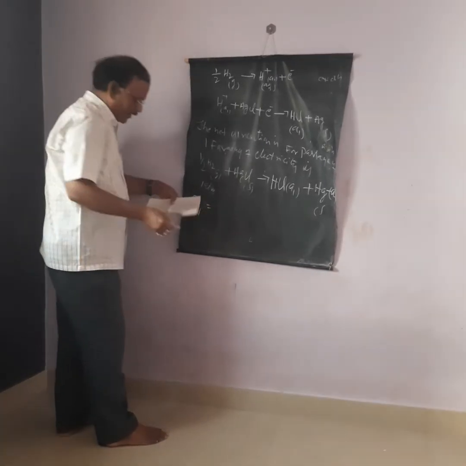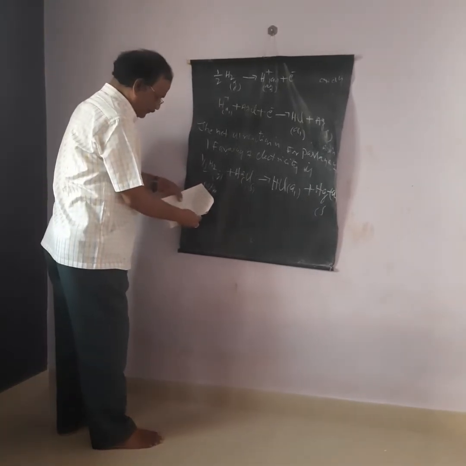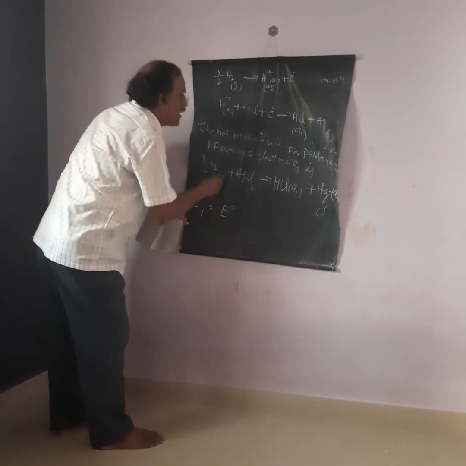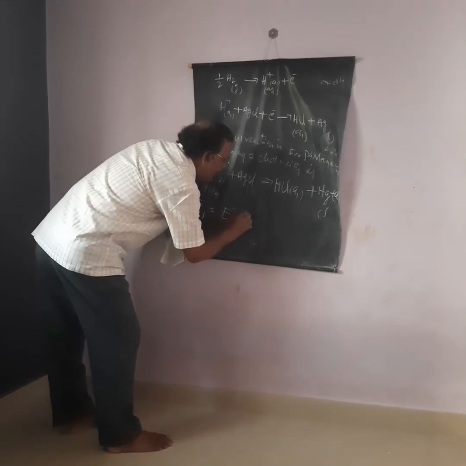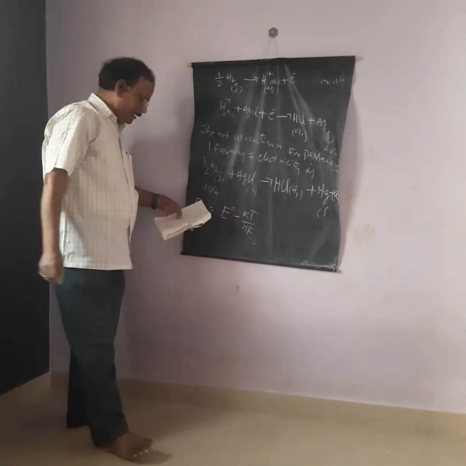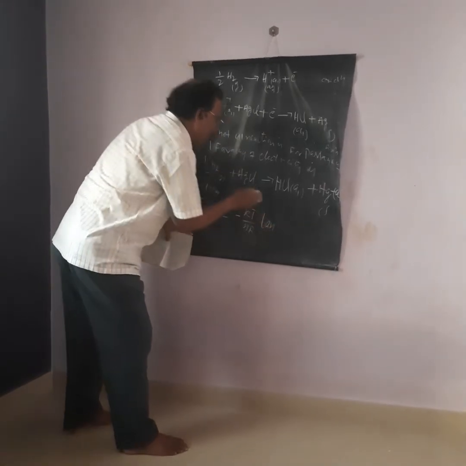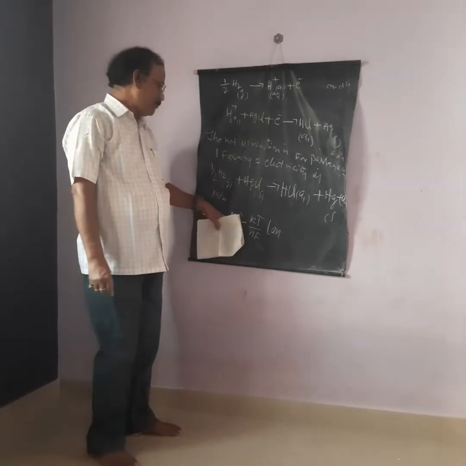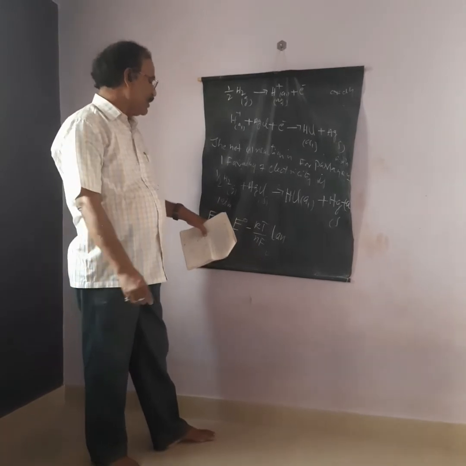E1 is equal to, according to the Nernst equation, E0, the standard electrode potential, minus RT divided by NF into ln lambda, where N is equal to 1, we know.